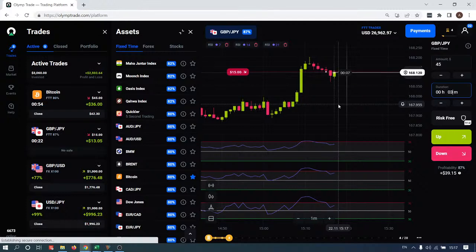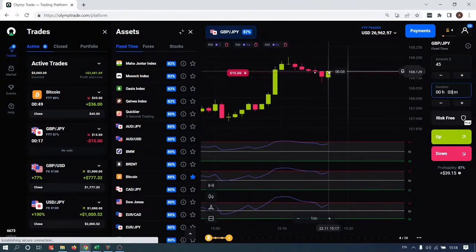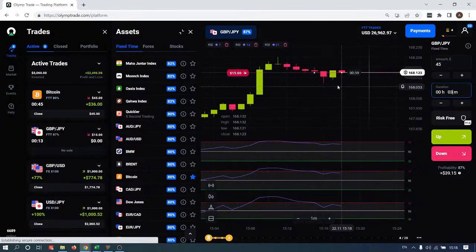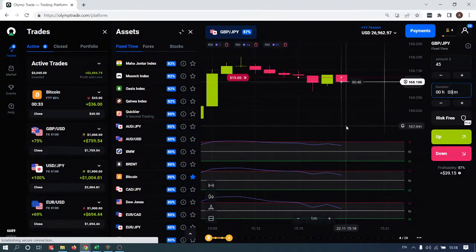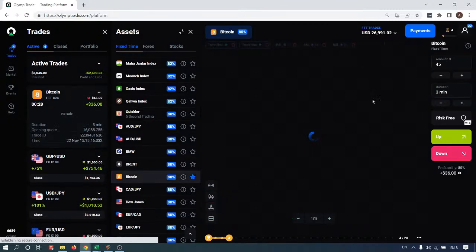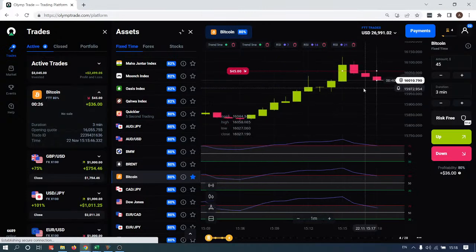So you should find some time frame or some duration of trades which suits you the best, because every trader has a pretty unique way of looking at charts, and there is no one universal, one-fits-all approach. For me personally, this time frame multiplied by 3 fits all my trading patterns and trading time frames.